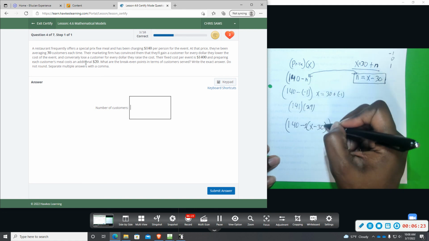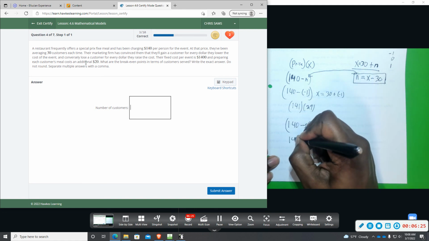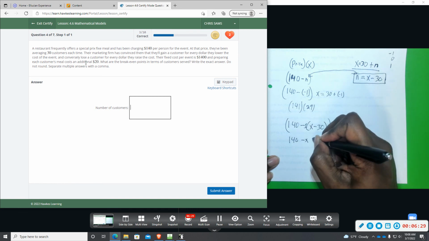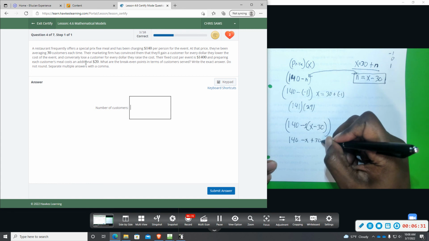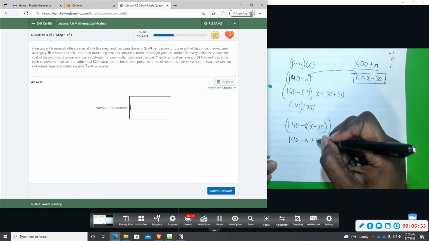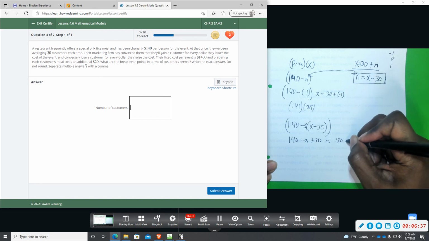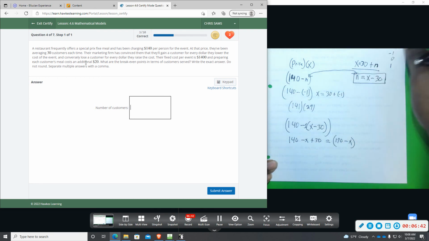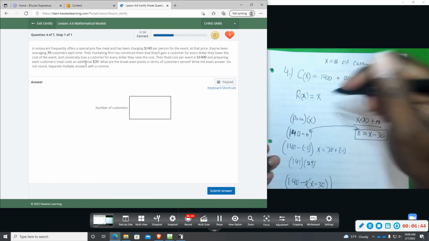You need to distribute and change both signs. So I have 140 minus x, and then negative times a negative would be plus 30. I can combine this, and this will give me 170 minus x. So this is going to be my new price that I'm going to be plugging in here. So this is how we get our revenue.